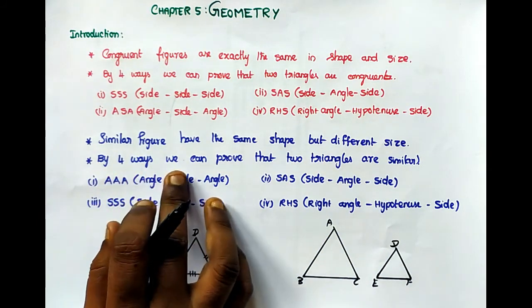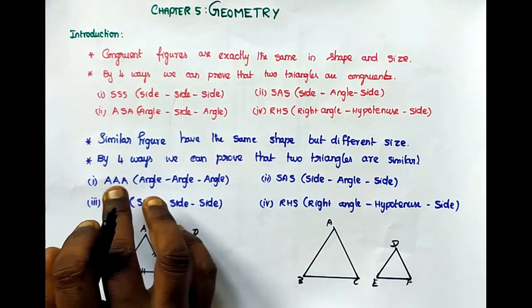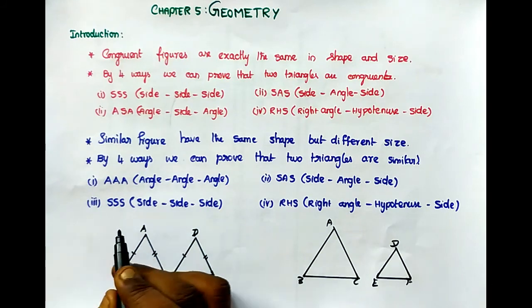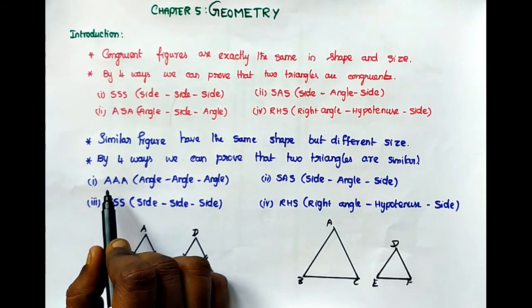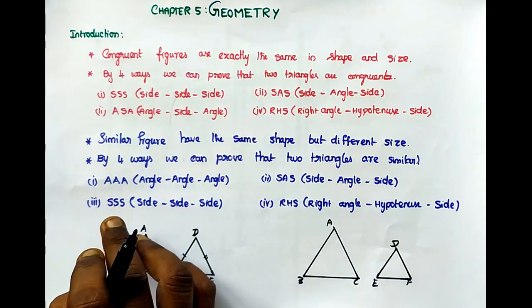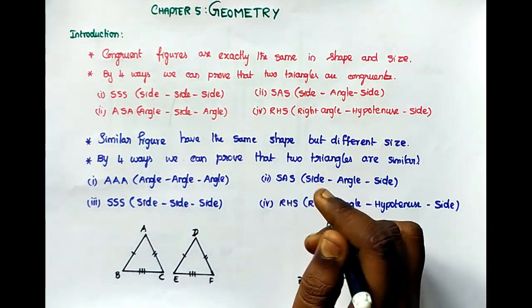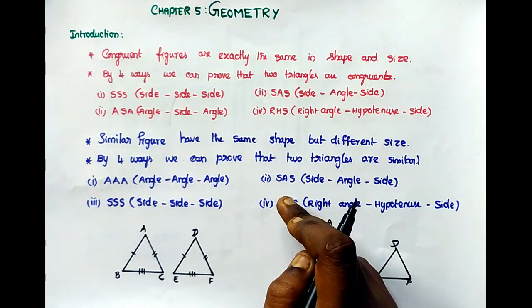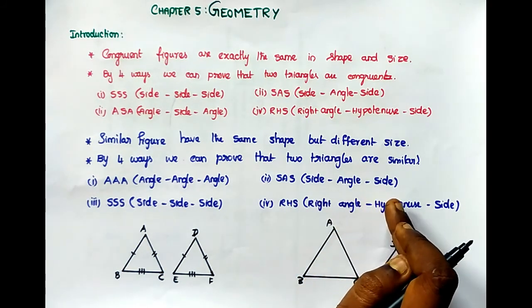By 4 ways we can prove that, like the congruence, two triangles are similar. AAA, that is angle, angle, angle. 3 angles are equal, that is similar triangles. And then SAS, side, angle, side.